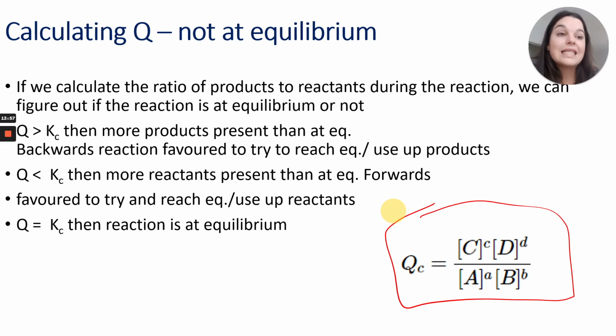If Q is less than Kc, that means that there's more reactants present. So I haven't yet made enough product to reach that equilibrium position, so the forwards reaction is favoured to try and reach equilibrium. If Q is the same number as Kc, then our reaction is already at equilibrium.